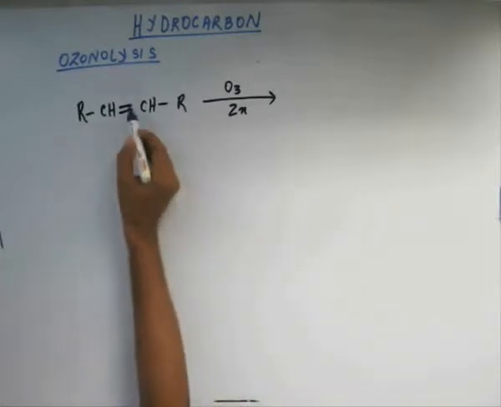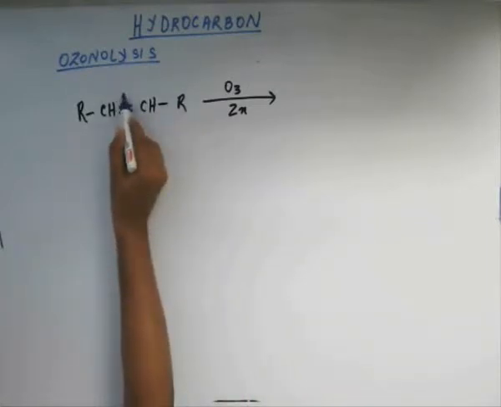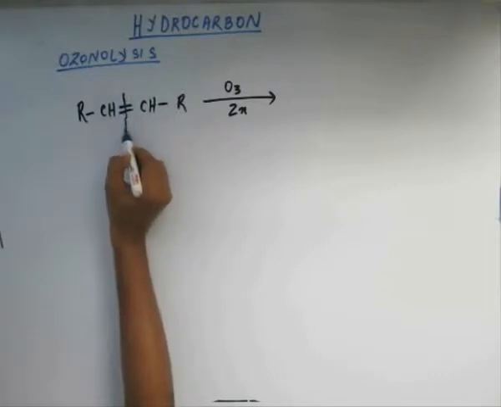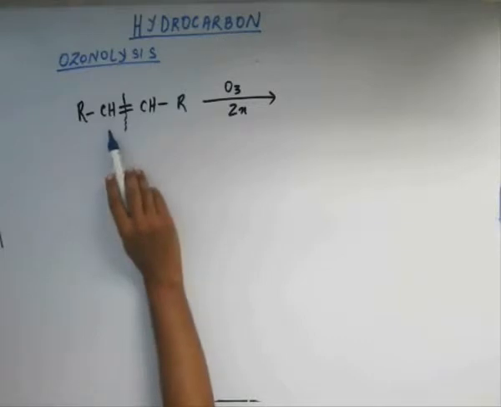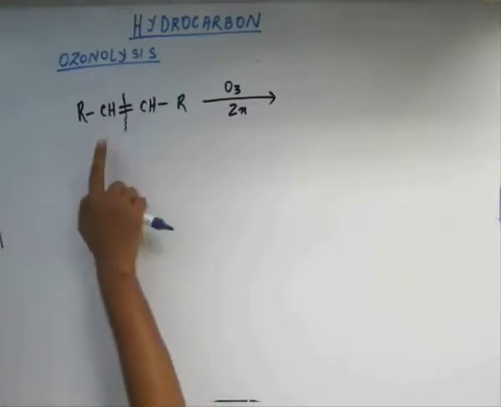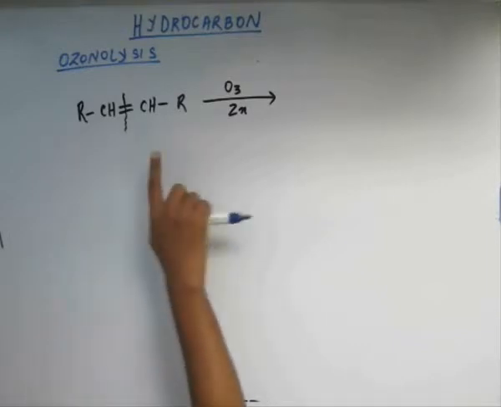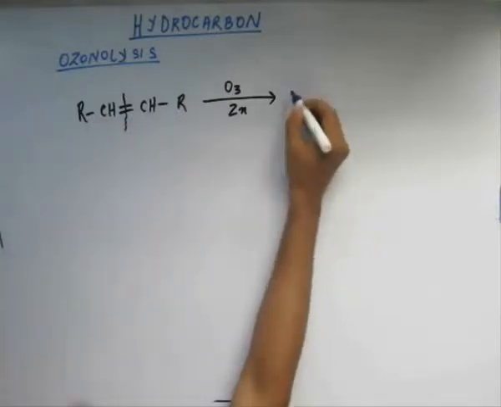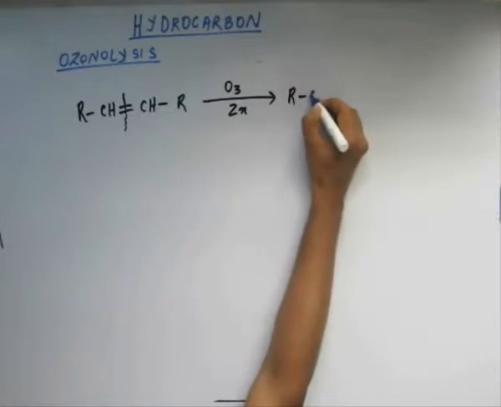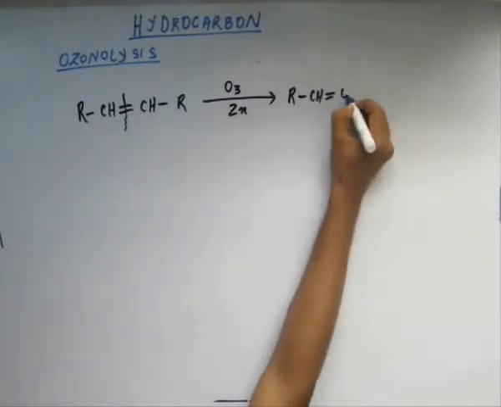When we do this, what happens? This alkene breaks from here. This carbon-carbon double bond is broken, and each carbon which was previously participating in formation of the carbon-carbon double bond now forms an individual carbon-oxygen double bond.